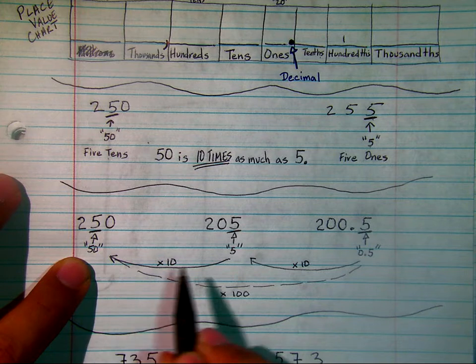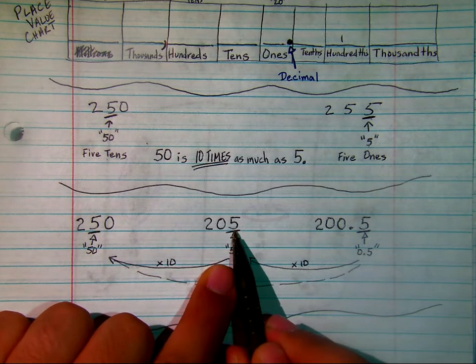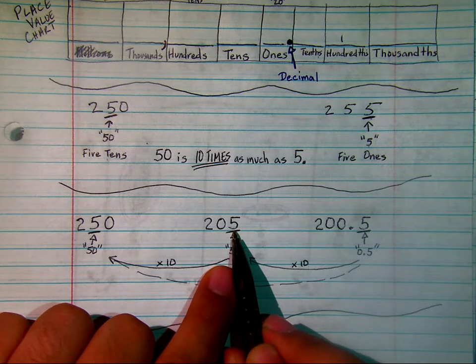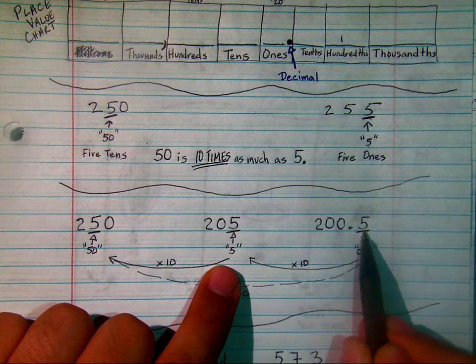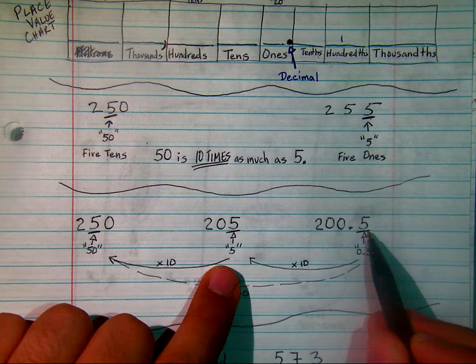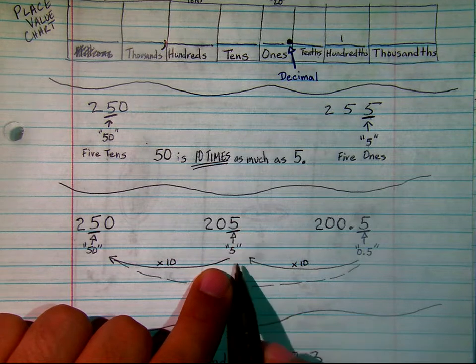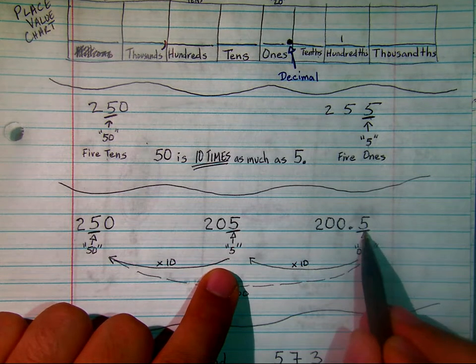The same rule can be applied when you look at the ones place, and the place to its right would be the tenths place. So this 5 tenths, when you compare that to 5 ones, 5 ones is 10 times more than 5 tenths.